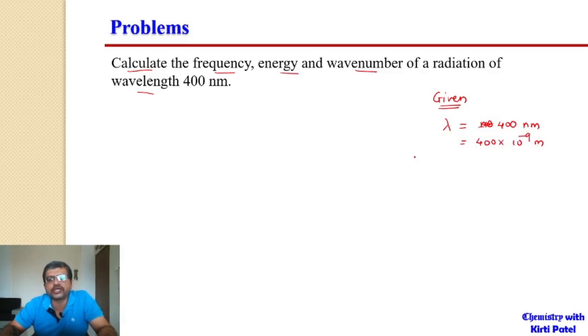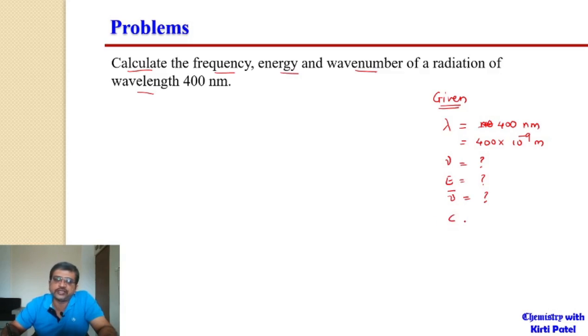SI units में convert कर लीजिए, that will be very good for us. Then what is being asked to us? We have been asked to find out frequency. Then we have been asked to find out energy associated with the radiation. And we have been also asked to find out the wave number associated with this radiation.